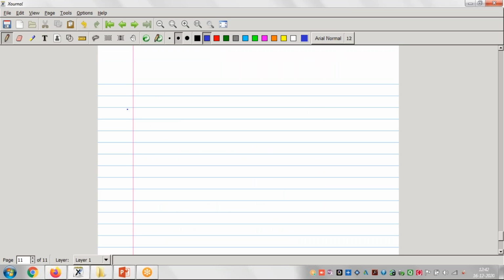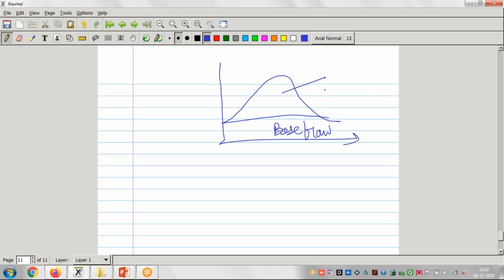So simply remember that if we have a hydrograph like this and there is some base flow plus this, when these two things are there, we say this is a flood hydrograph. And when there is no base flow and only direct runoff, we say direct runoff hydrograph, right?